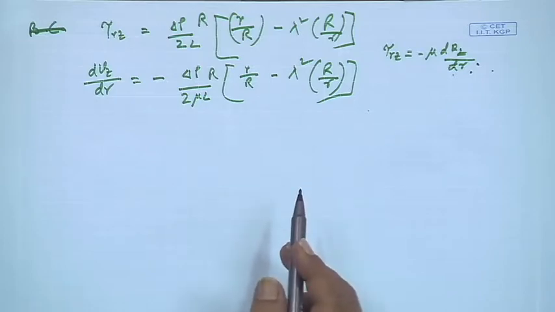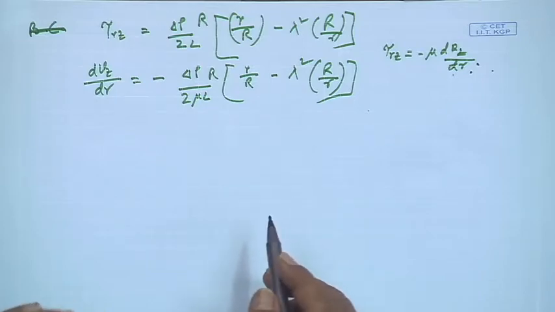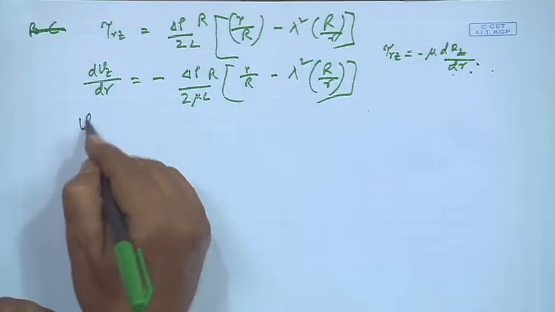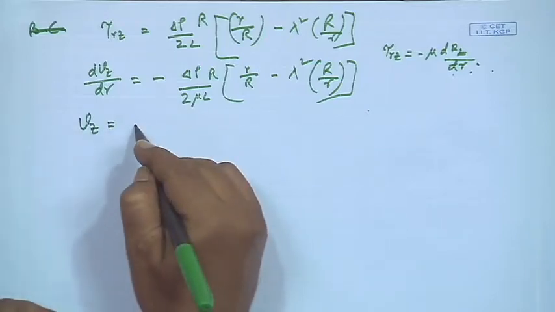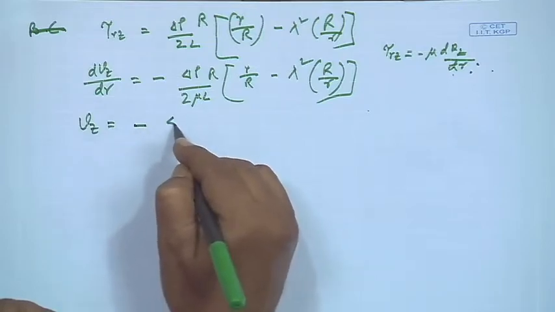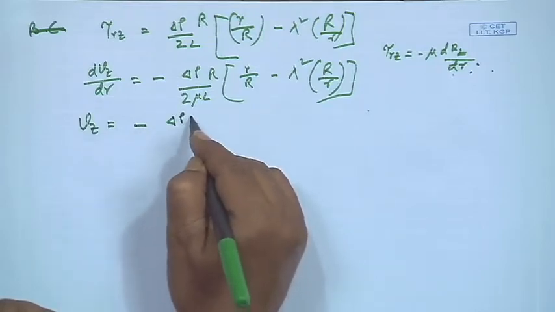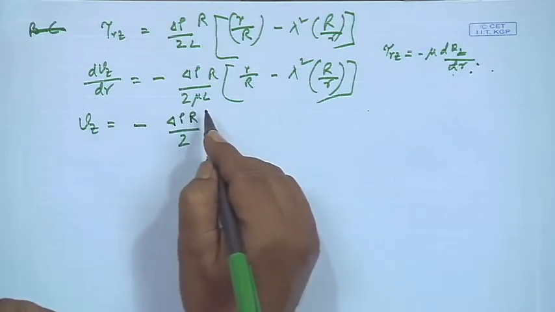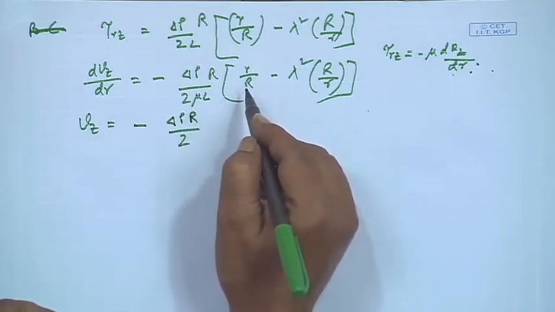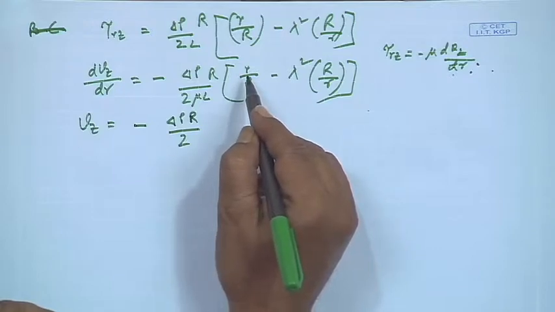Now, integrating this dVz, we can say that Vz equals minus delta p r by 2 mu L. So, on first this integration will come.